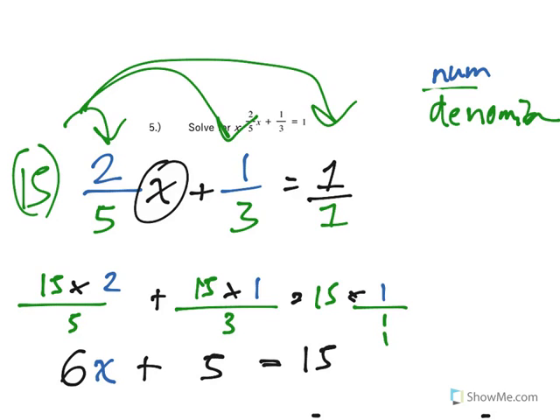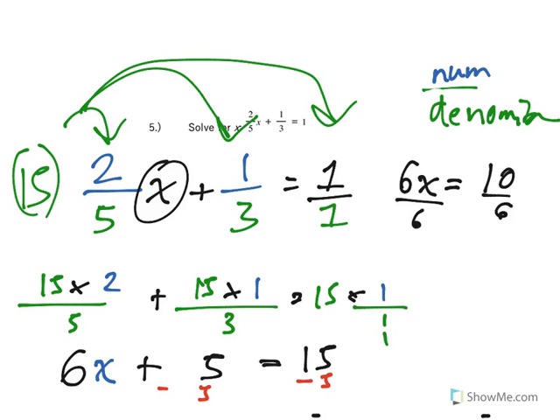Now, to get the x by itself, you simply subtract the 5 on this side, and subtract the 5 on this side. Now we have 6x equals 15 minus 5, which is 10.